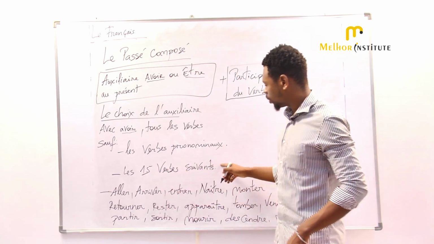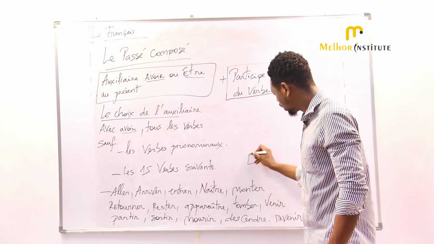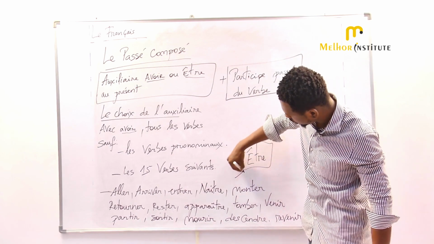Les 15 verbes suivants, the following 15 verbs, go with auxiliary être. Okay?